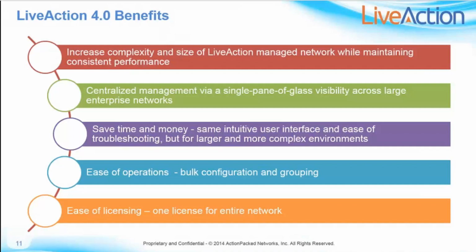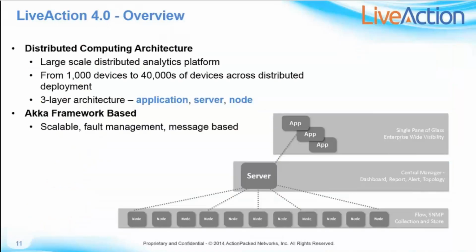So the same intuitive user interface is there, but it's now scaled for larger and more complex environments, and the ease of operation of bulk configuration and grouping of devices make it easy to get LiveAction up and running in your network, and also a single license now, one license for the entire network instead of the past of using multiple licenses. So it is a distributed architecture that we're showing today that can scale up to 40,000 devices in a distributed deployment.